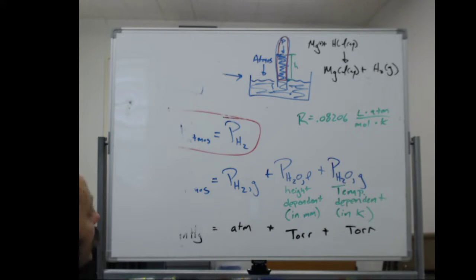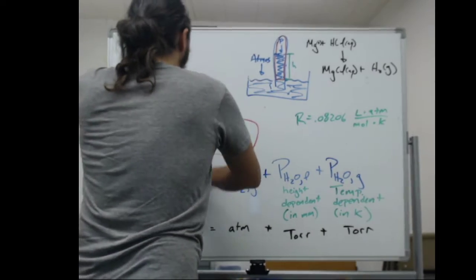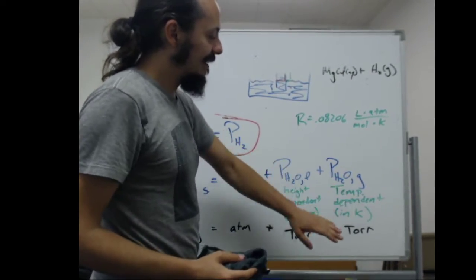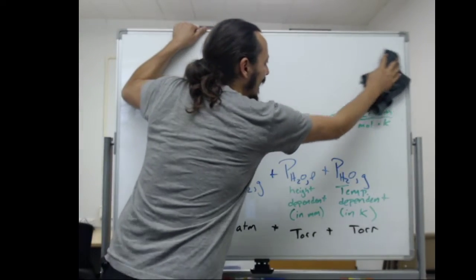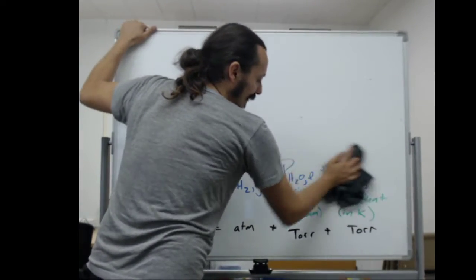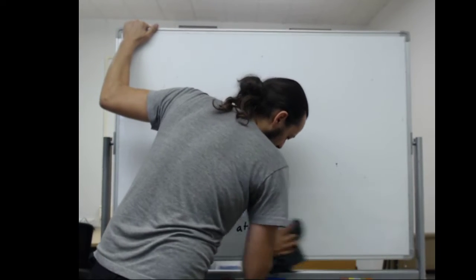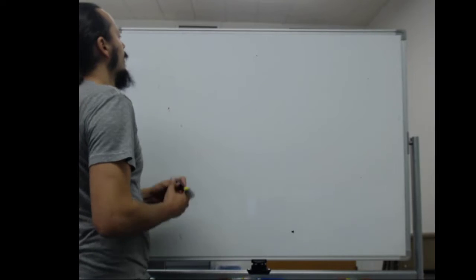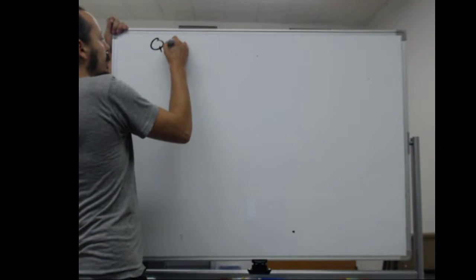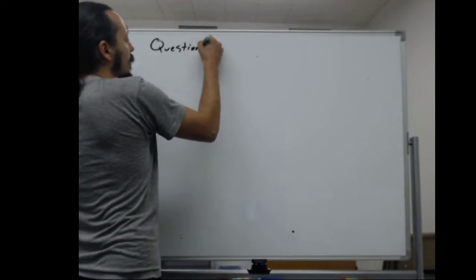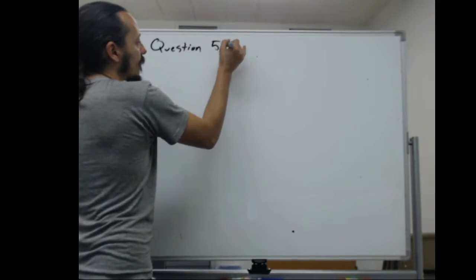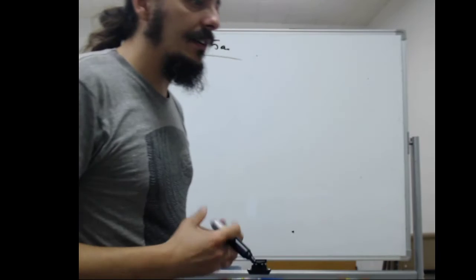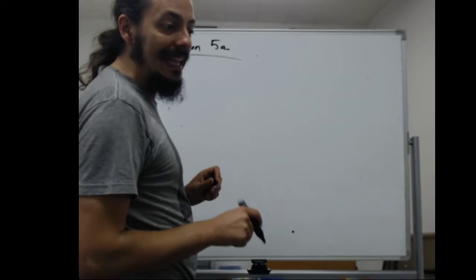Now that we've got the experimental idea out of the way, we're going to look at 5A, which is really going to get to this idea of how additive volumes work when we're using the ideal gas law. The idea here is that we say, imagine you've got 6.14 grams of each.